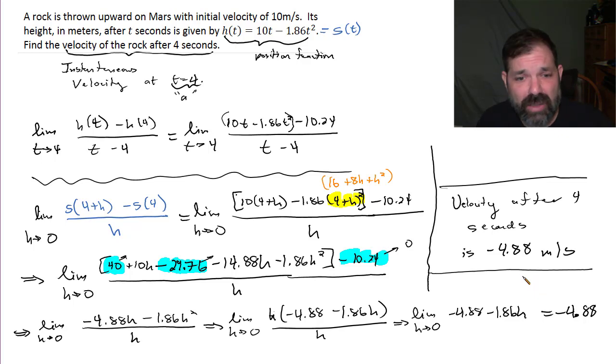Now, that was a pretty long process for this problem. And we're going to learn that there's a better, different way that we can approach this same problem, but we have to learn some more before we get there. So these past couple problems, we were finding the slope of a tangent line, we were finding an instantaneous velocity, but ultimately we were using the same process.